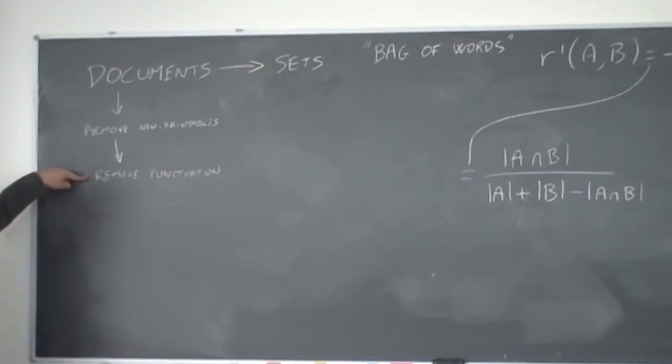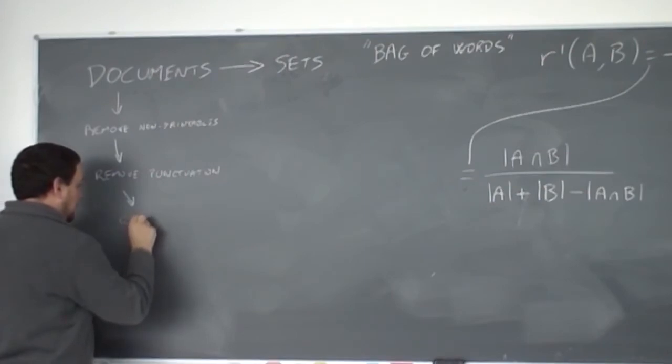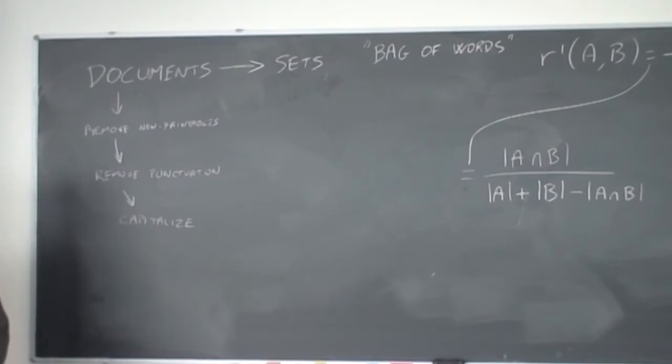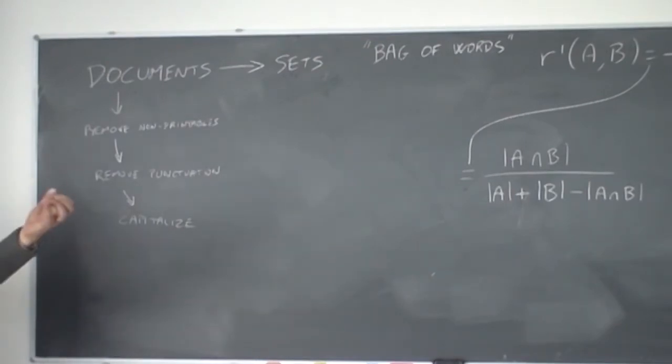So, after you do this, your document is just a sequence of words. Actually, another step, maybe you want to capitalize everything. So convert all lowercase letters into uppercase letters. Because otherwise you risk considering two words as different while one is simply at the beginning of a phrase while the other is not.